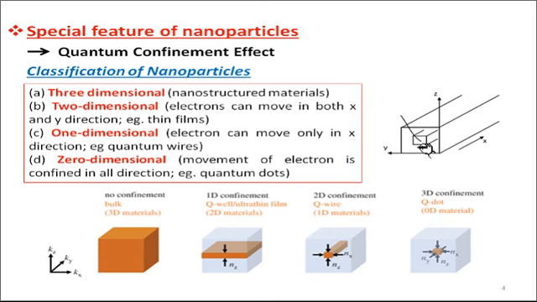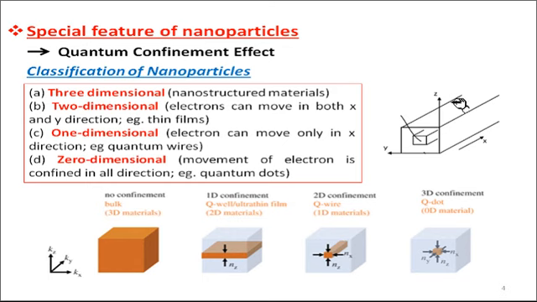Suppose this is a 3-dimensional axis represented for any particular particle, something like this. Along this side it is the x-axis, along this side the y-axis, and this side the z-axis.